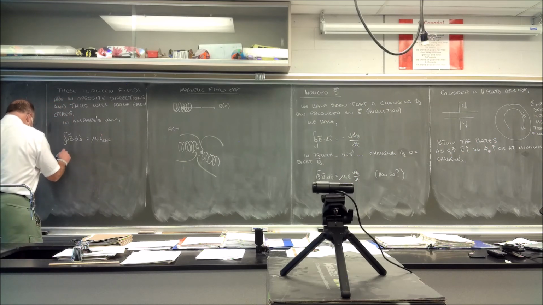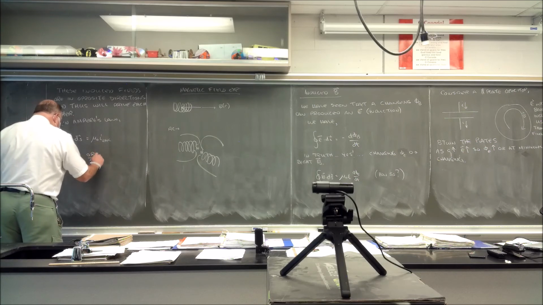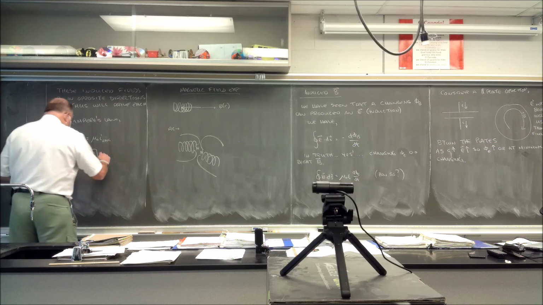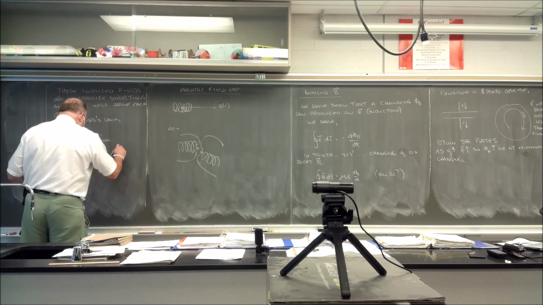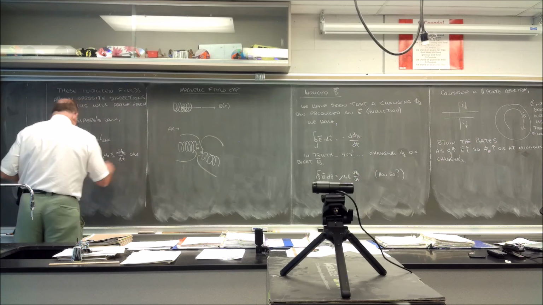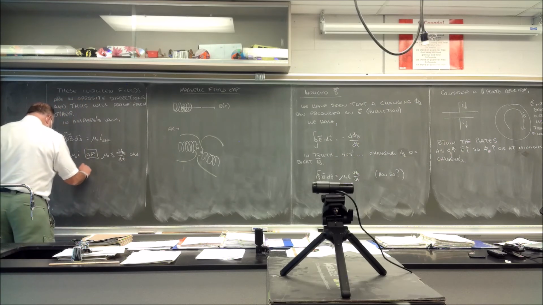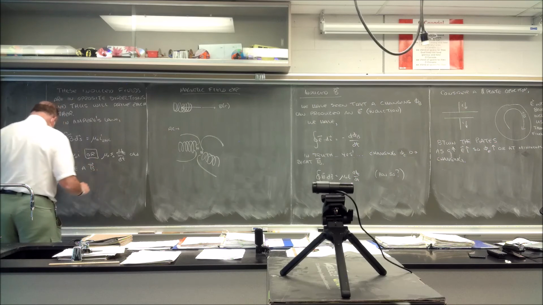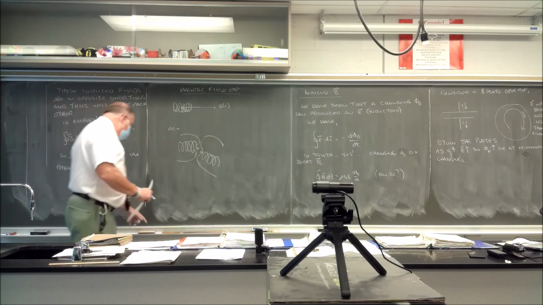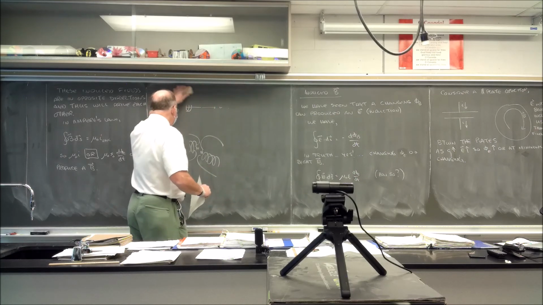Mu naught I, or a box around it, mu naught epsilon naught d phi sub E dt, can produce a magnetic field. And so we have to improve this idea yet again.